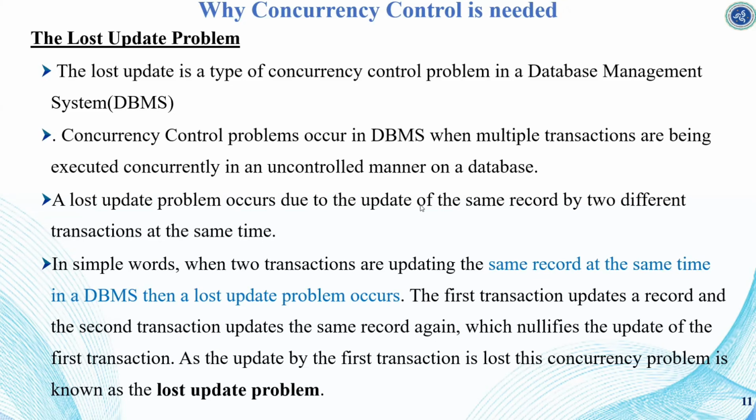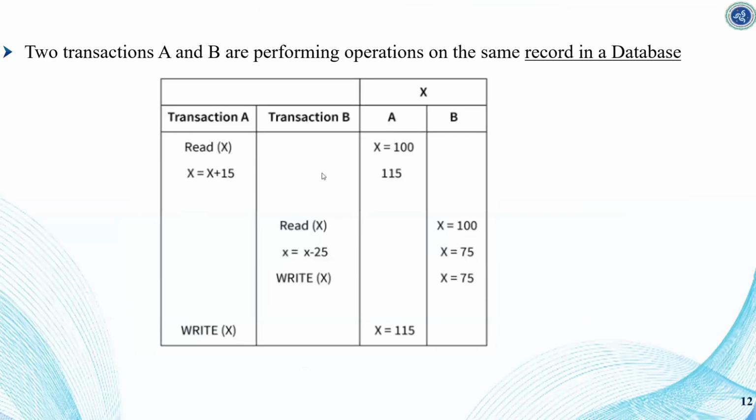Here we have two transactions, and we are trying to update the same record simultaneously. Then a problem occurs, which is called the lost update problem. We can see it with the help of an example.